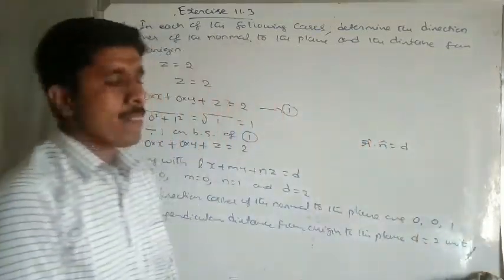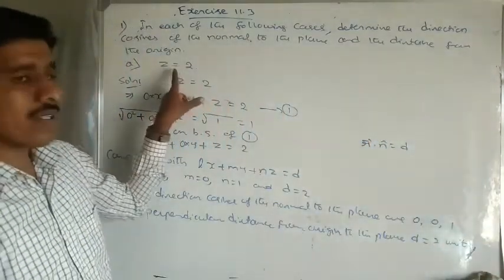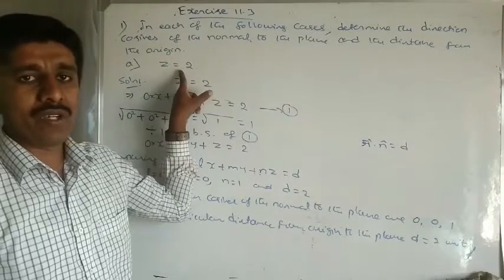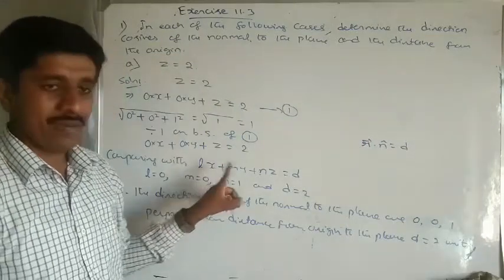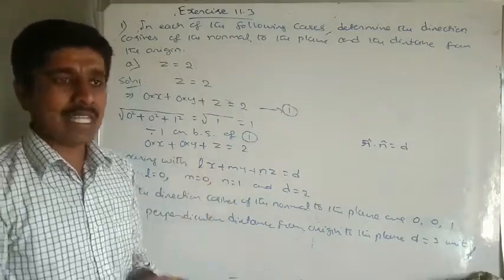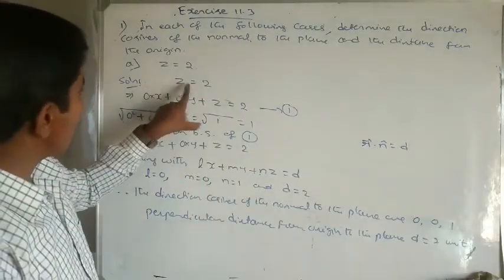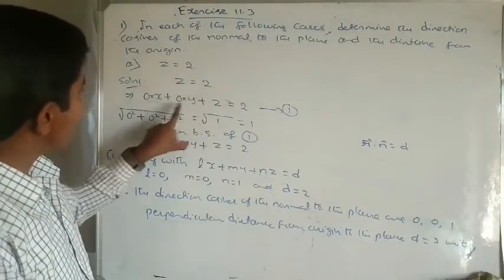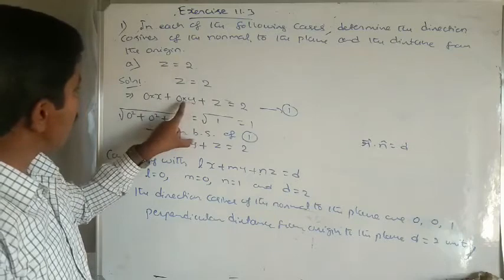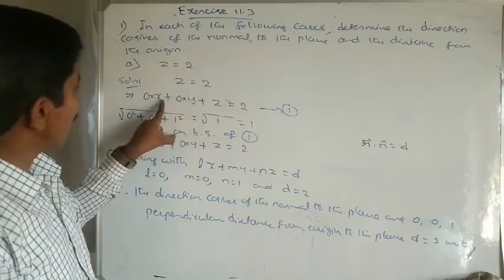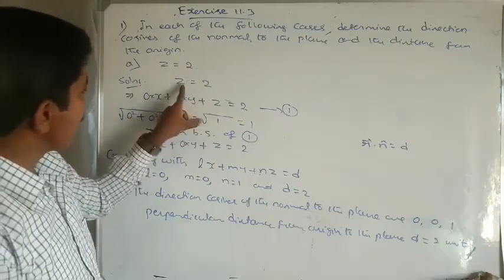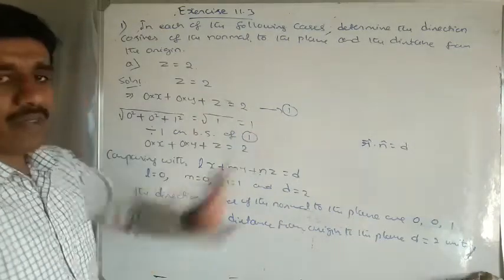Got it. So the given equation is in Cartesian form, of the form Lx plus My plus Nz equal to D. Here z is equal to 2. We don't have x and y terms, so take the x coefficient as 0 and the y coefficient as 0: 0 plus 0 plus z is equal to 2. Call this equation 1.